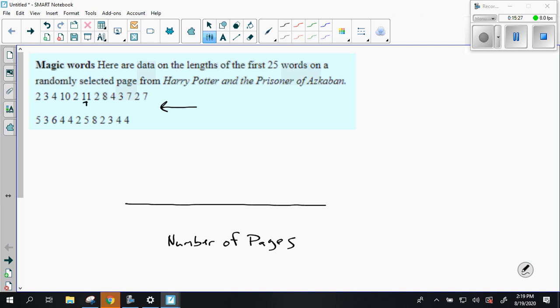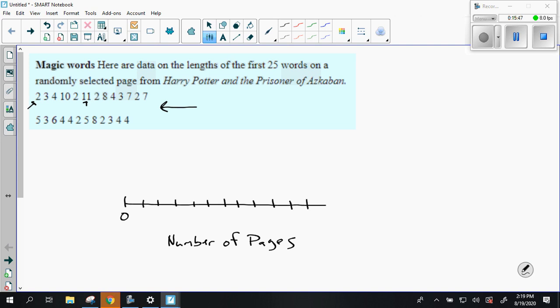So we're going to take this from 0 all the way up to 11. So 0, 1, 2, 3, 4, 5, 6, 7, 8, 9, 10, 11. Hey, I'll put in a 12, even though we're not going to go all the way up there.